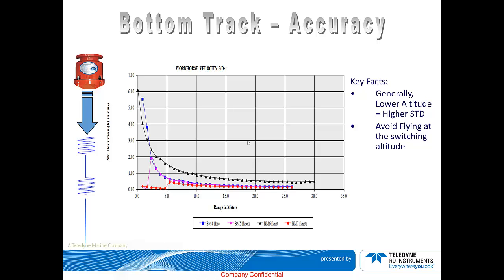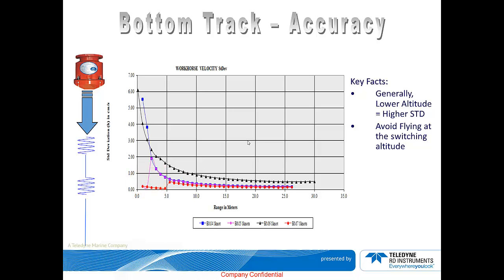This is most especially true with the oldest bottom mode, which is bottom mode 4, which is represented by the blue graph. However, you will notice that with bottom mode 5 and bottom mode 7, which are the pink and red lines respectively, when the DVL reaches the bottom, because of the processing strategies that we implemented for these modes, the standard deviation is much better compared to bottom mode 4.